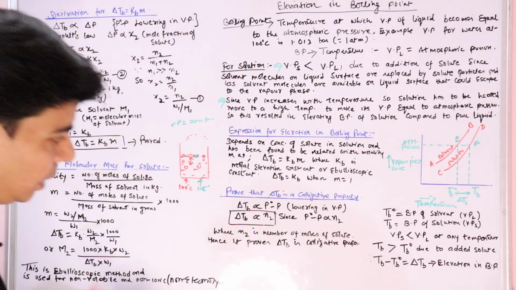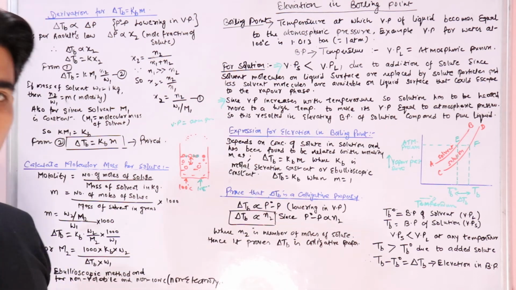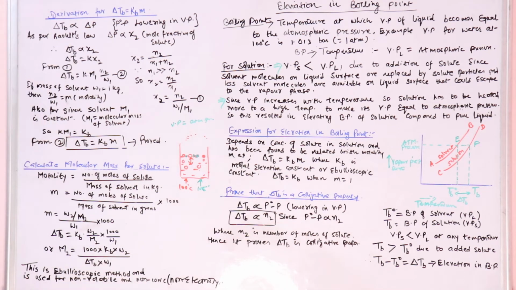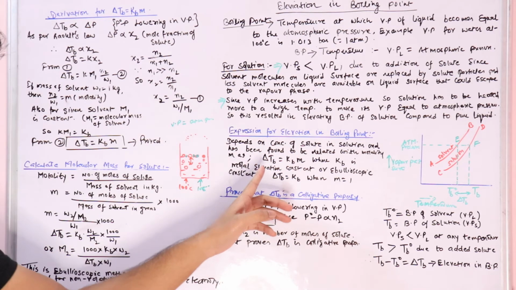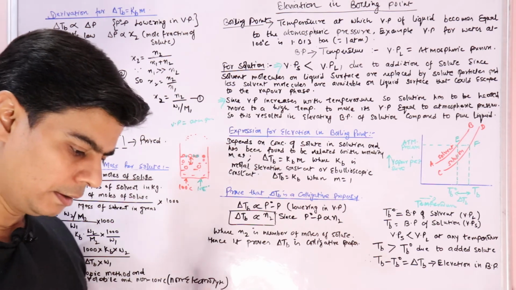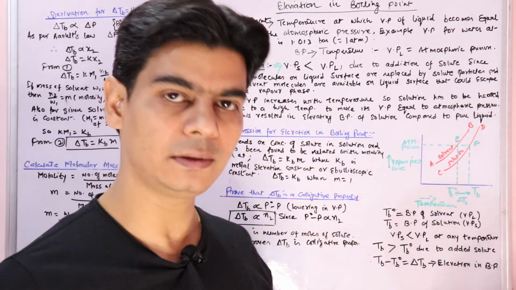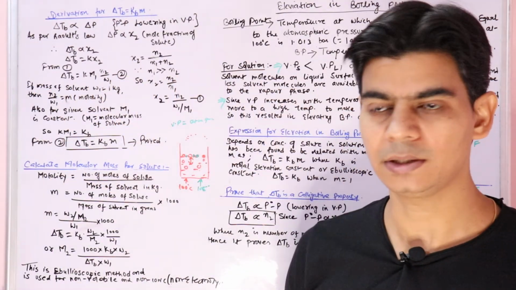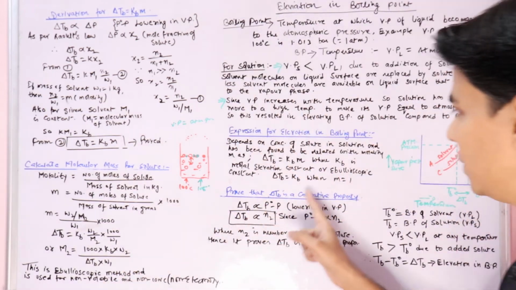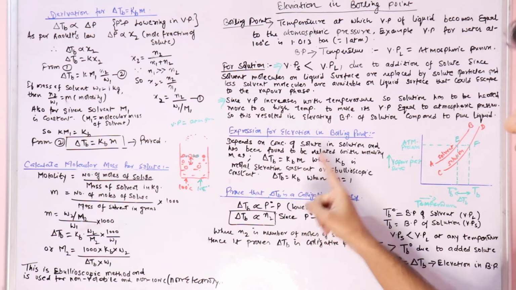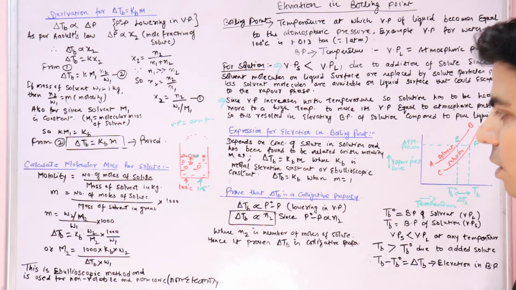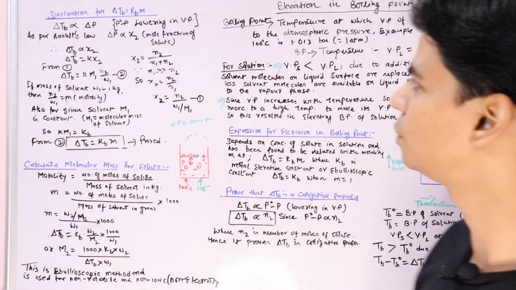So this proves that elevation in boiling point is a colligative property, right? This is important. Now let's derive this expression, which is a relationship between elevation in boiling point and the concentration of solute. Molality is nothing but concentration of solute.